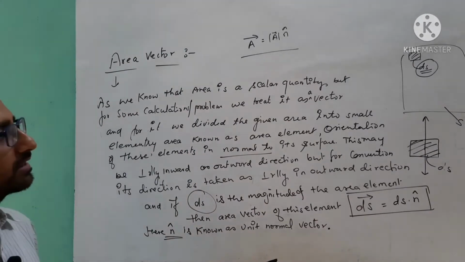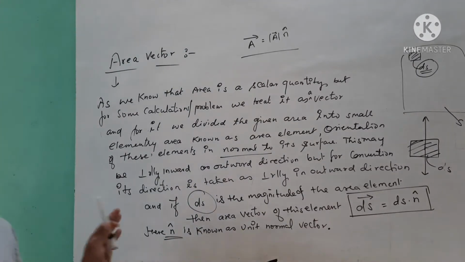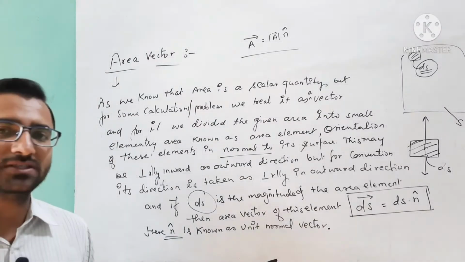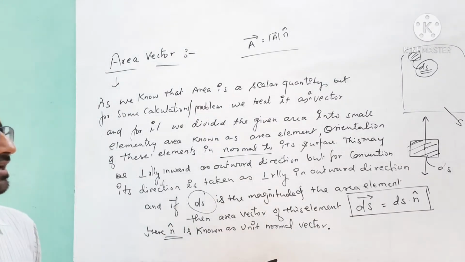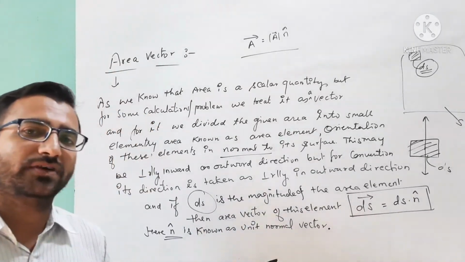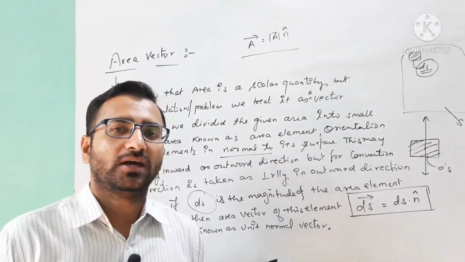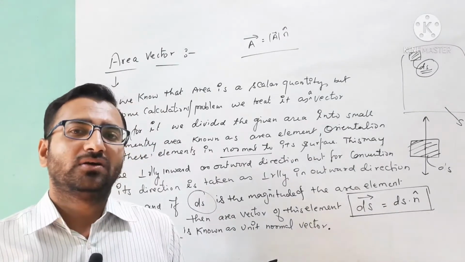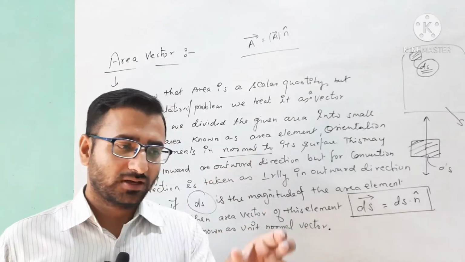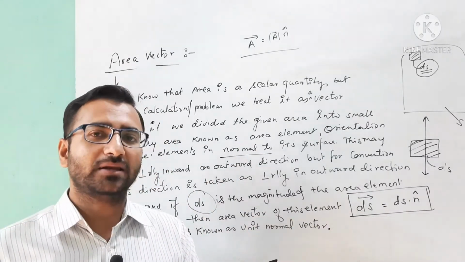To understand it, first I am revising the facts. Area is a scalar quantity, but conventionally we treat it as a vector quantity. For it, we divide the given surface area into small area elements, so that the orientation of these elements is normal to the area element.